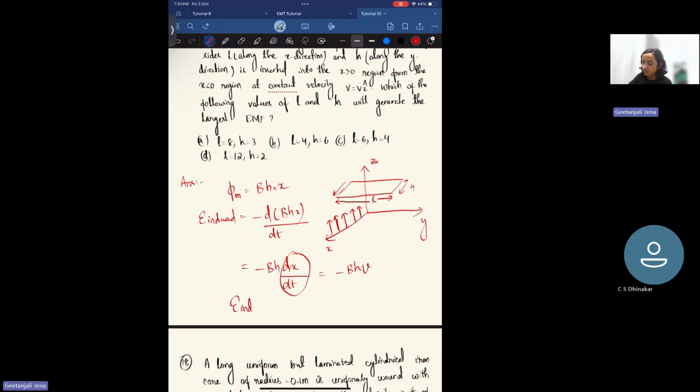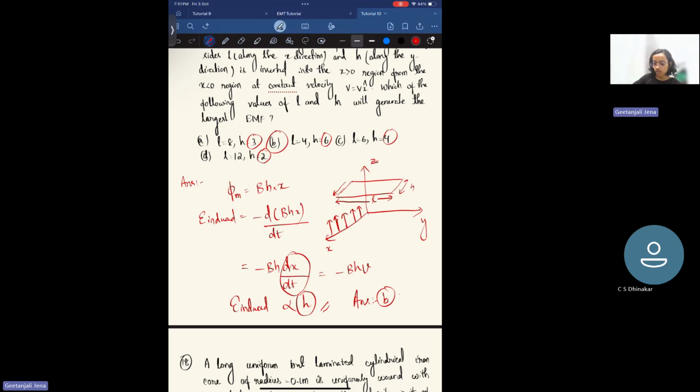So the induced EMF is directly proportional to H. It doesn't depend on the length L. It depends on how much of the length is in the y direction, so the greater the value of H, the greater the induced EMF. And if you look at the options, this is 3, 2, 6, and 4, so the answer would be option B. Is this clear?